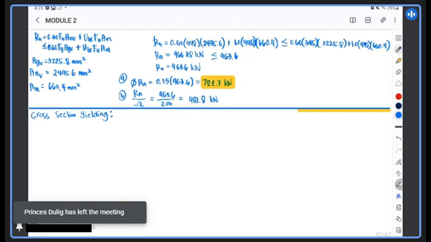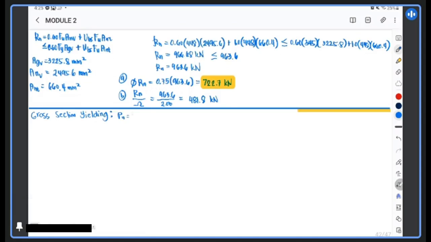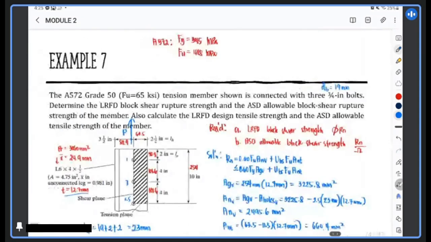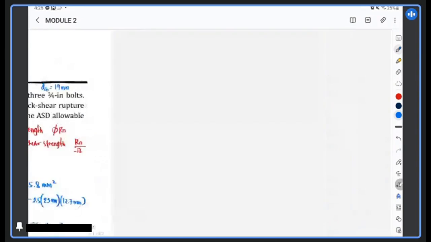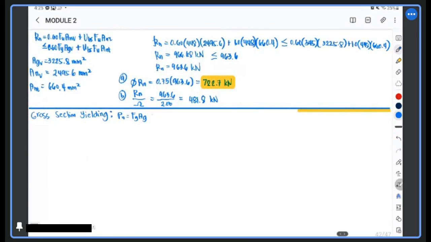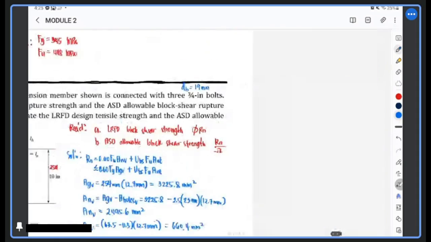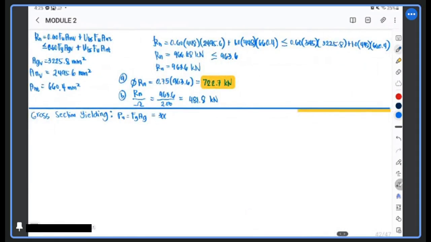Our formula for section yielding is P sub n is equal to Fy Ag. We already have Ag that is equal to 3060 and Fy is 345. So direct substitution lang. 3,060 square millimeter and 345 Newton per mm squared.